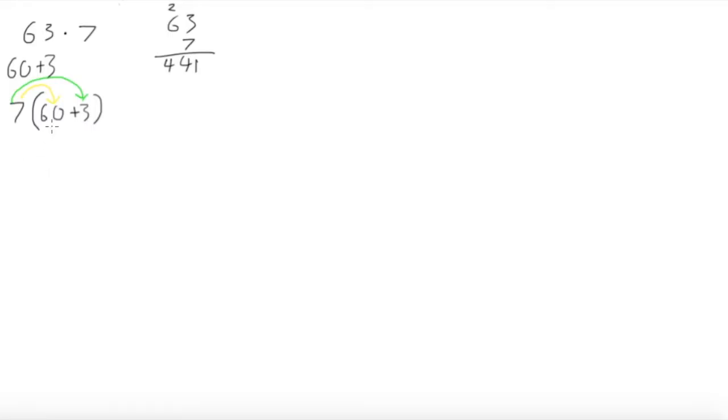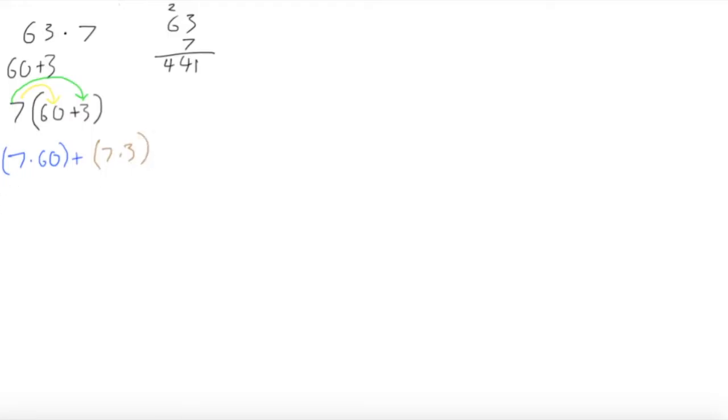You can think of it this way. It's going to be 7 times 60 first, plus 7 times 3. And what does that equal?